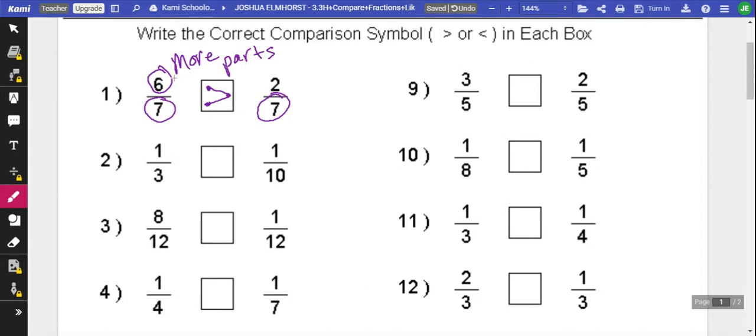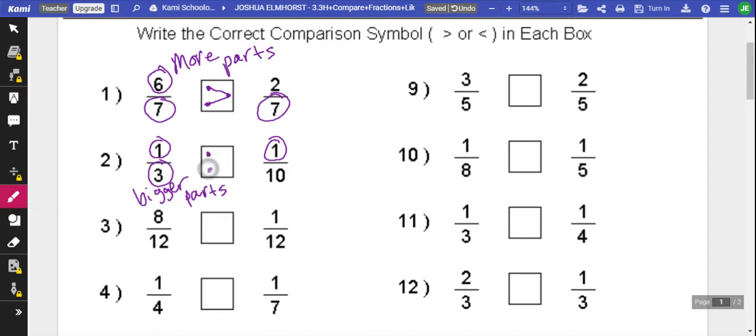Right here. Okay, so you go to, now here we have numerators. We have the same number of parts, but the 3, when you only cut it up into 3, you're actually going to have bigger parts than 1 out of 10. 10 would be cut into smaller parts.